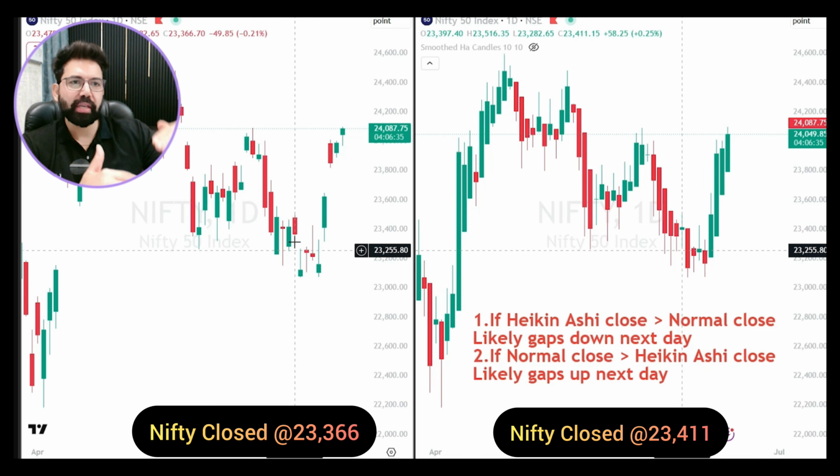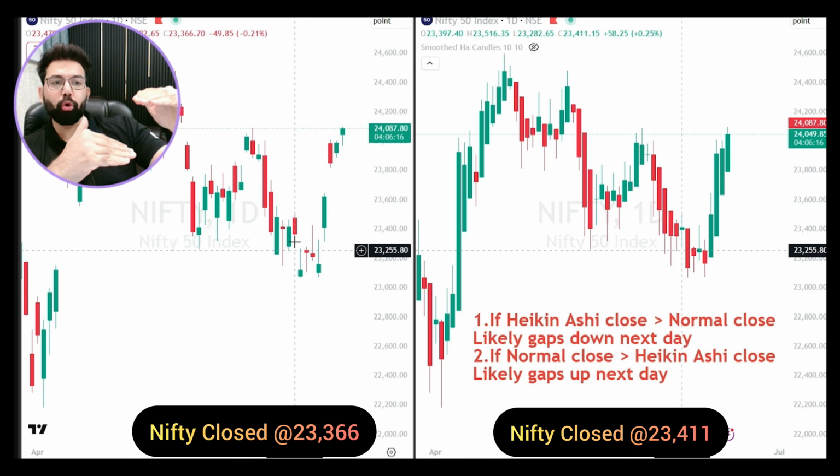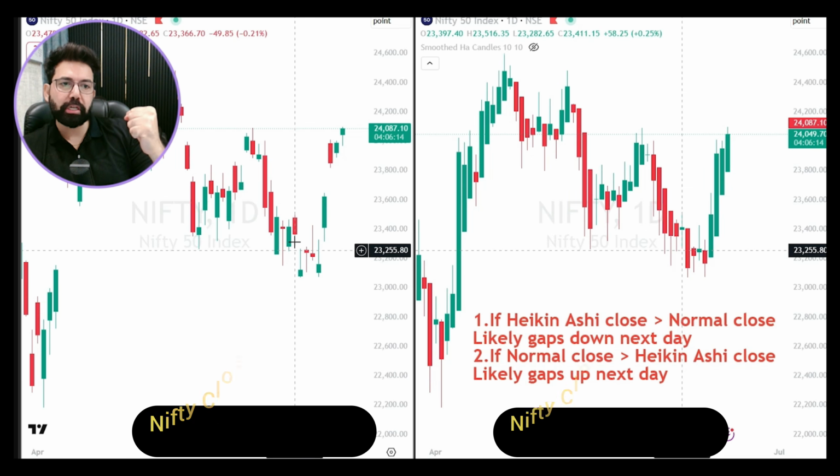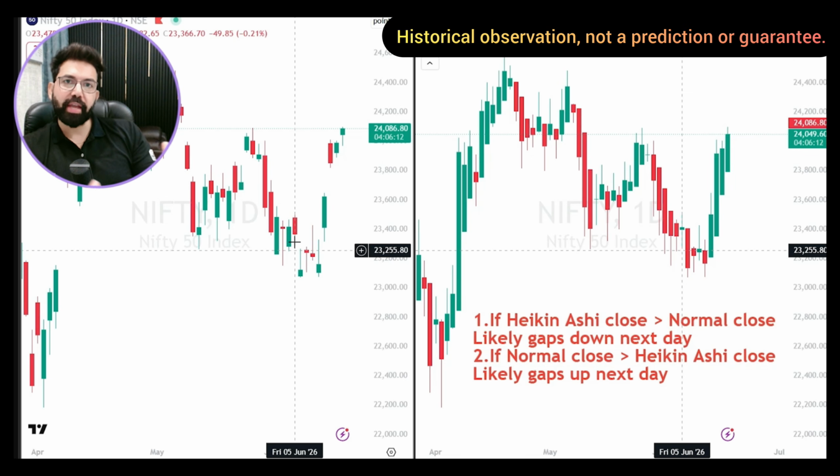So as you can see, Heikin Ashi closing was higher than the normal closing. The difference is quite significant, around 50 points. It's not small. Now have a look at the rule. What is the rule? If Heikin Ashi close is more than the normal close, strong possibility of a gap down the next day. Let's see what happened over here.